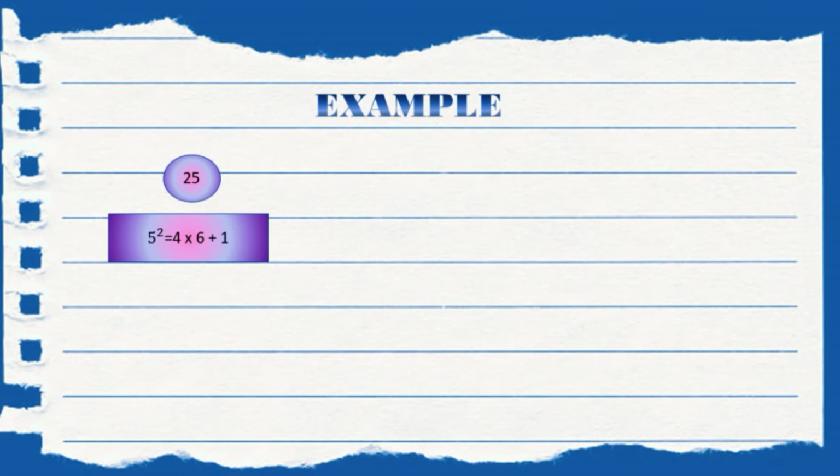Your q would always be 4, and your r is either 1 or 0, and all you have to find is your b, which can be defined uniquely depending on the integer that is presented. So in 25, we have 5 squared is equal to 4 times 6 plus 1. So 25 divided by 4 is 6 and leaves a remainder of 1.